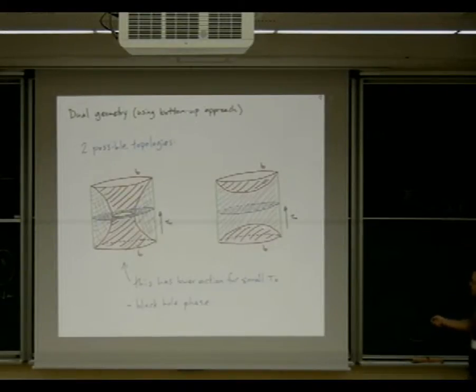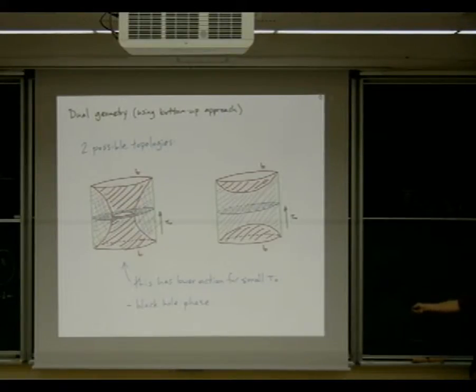So first we need to decide which one of these to use, and it turns out that this one will correspond to a black hole, and this one will correspond to not a black hole. So this is like, in analogy with Hawking-Page, the high temperature phase, and this is the low temperature phase. So for us, this one will dominate when the tau 0 is small, when we have very high energy states.